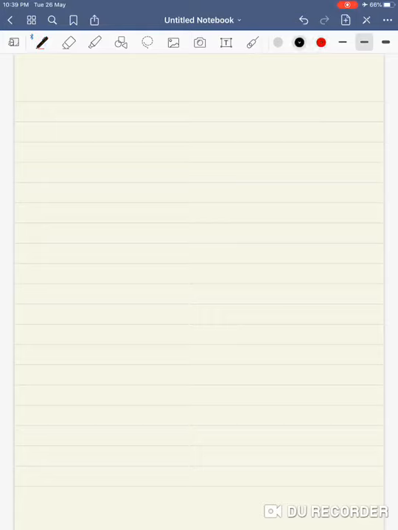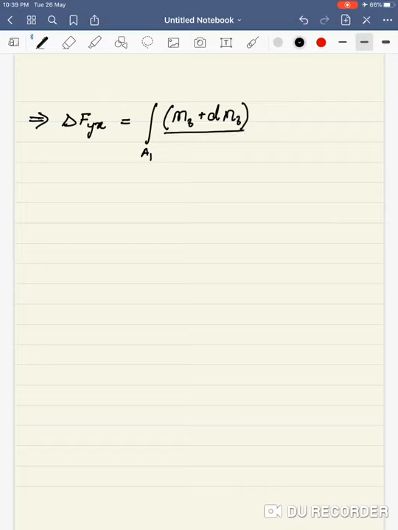So this implies that my force Fyx, which is the term I am looking for, is going to be equal to the integral over my area A1 of minus MB y over Iz dA, evaluated at the outer face, where now your moment is MB plus dMB because the moment is changing.